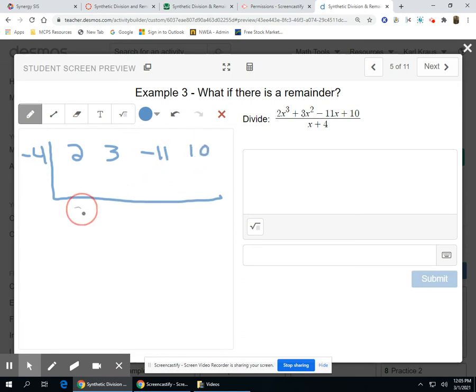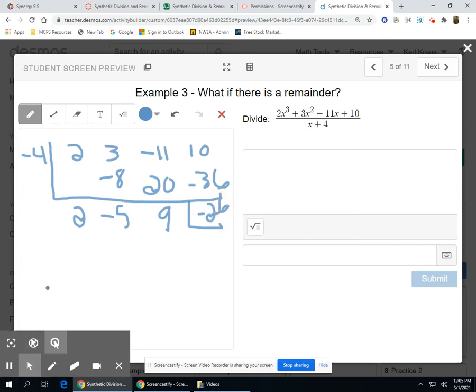Bring down the 2, and -8, and add, -5. -5 times -4 is 20. Add these together, get 9. And -4 times 9 is -36. Add these, get -26.